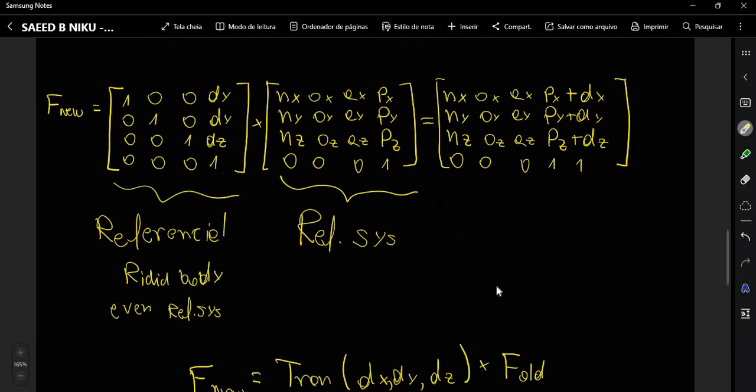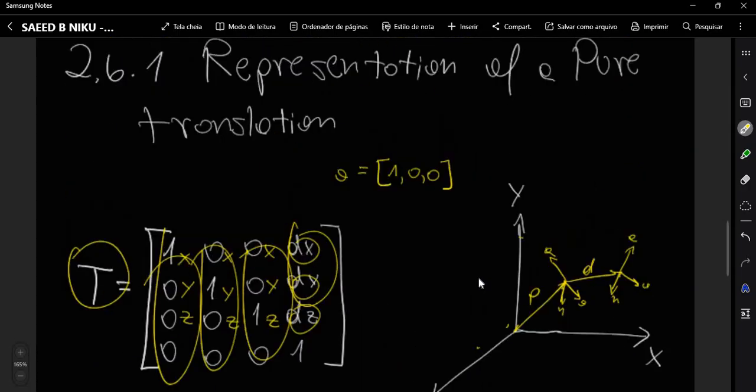Okay, now we are ready to solve example 2.6.